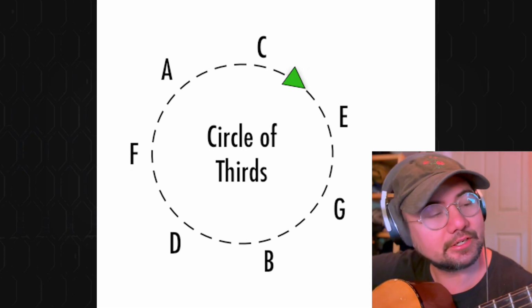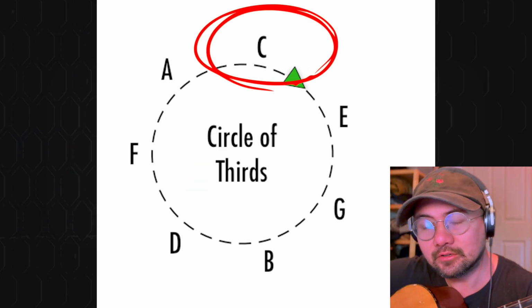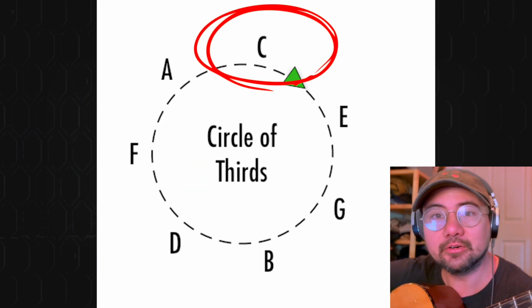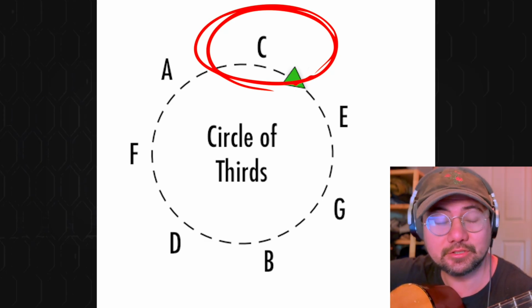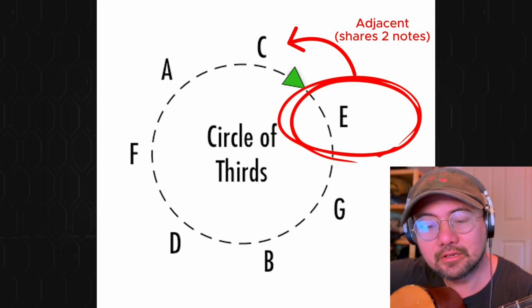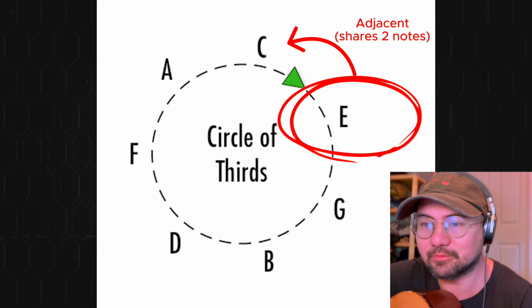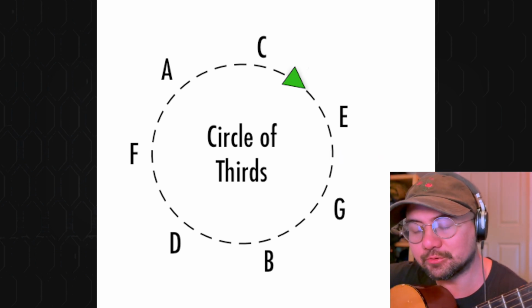Let me demonstrate. Here's an F to a C. And then if I go instead an F major to an E minor, there's 2 notes shared, so there's a similar tonal quality. Obviously it changes with that 3rd note. Here's an F to an A minor.